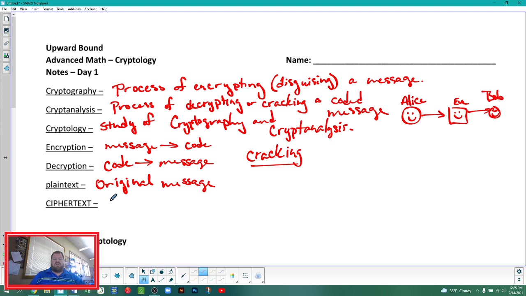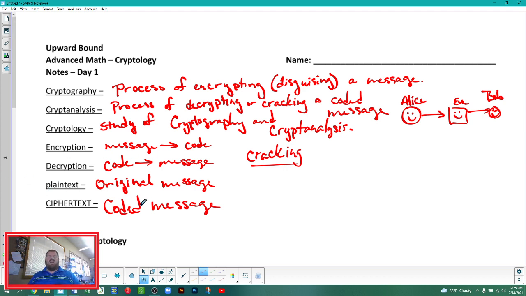And the ciphertext is the coded message. An easy way to make heads and tails of these is plain text is, I know what it is, it makes sense, right? And then ciphertext is going to be, well, that doesn't really matter. Those aren't words that you've presented me with.